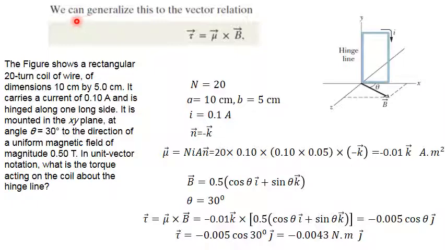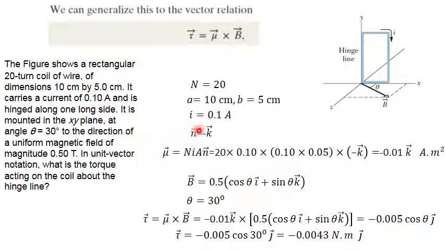We have torque equals mu cross B, and N equals 20 turns. a and b are 10 centimeters and 5 centimeters. The current I is 0.1 ampere, and for the normal direction to the loop, by using the right hand rule, put your right hand fingers in the direction of the current I and look at your thumb. It will be in the negative z.